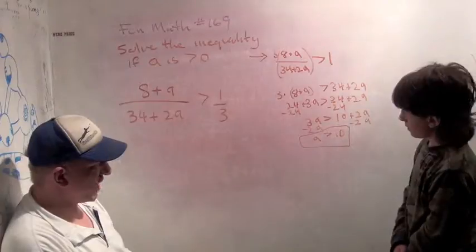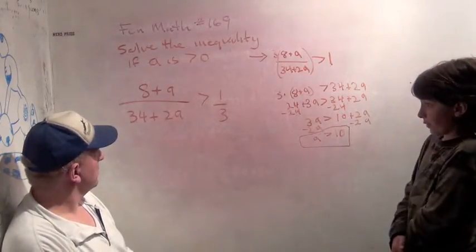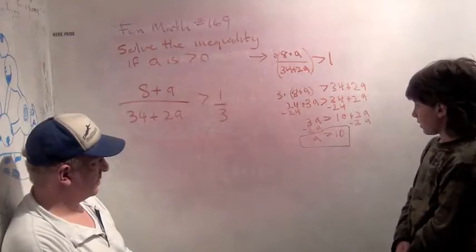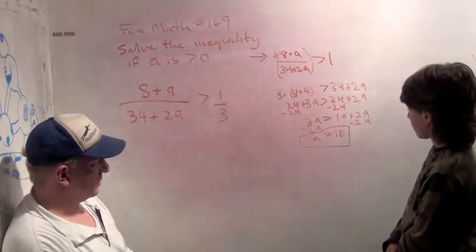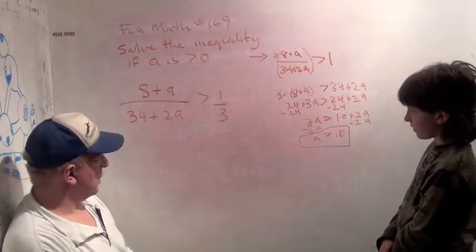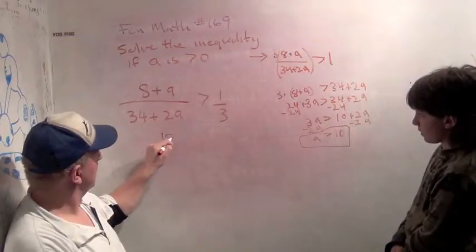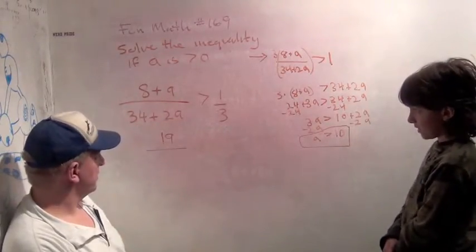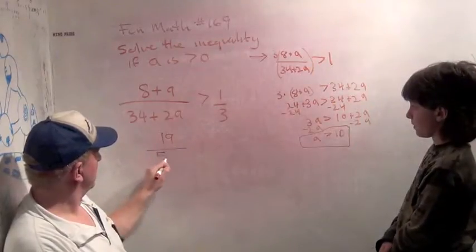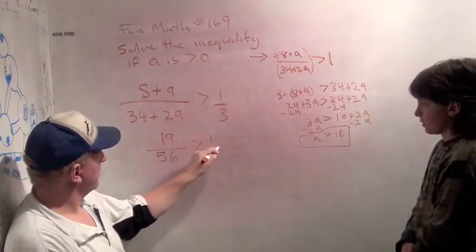How can we check if that makes sense? We could just plug in 11, which is greater than 10. We get 19 over (34 plus 22), which is 56, so it's 19 over 56 greater than 1/3.